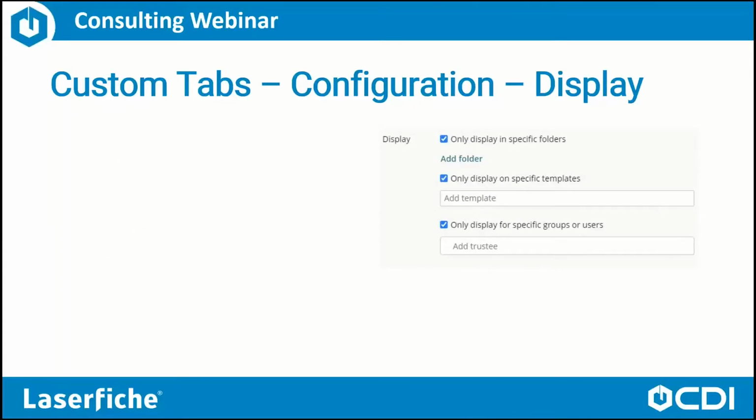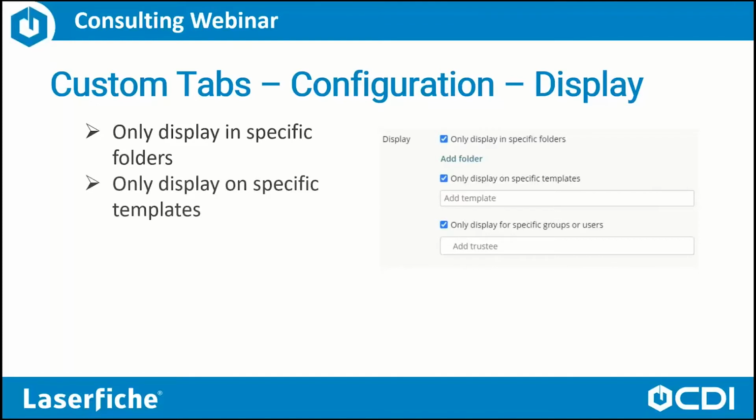For the display options, we do have many options available here. We can display the custom tab only if we are in a specific folder, and we can add multiple folders to our configuration using the Add Folder link. We have the ability to display the custom tab only for entries with a specific template assigned, and we can display the custom tab for only specific groups or users.